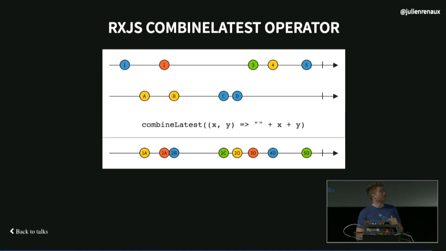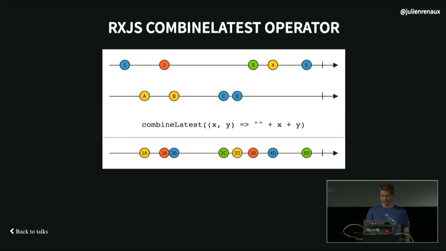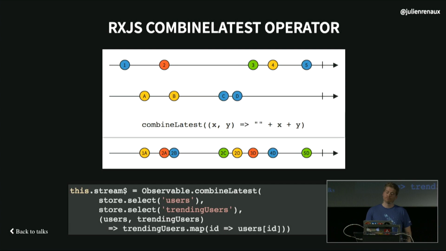When the first one emits 1 and the second one emits A, we receive A1. And then 2, it's going to be 2A, and then 2B, etc. So if we translate this into code, we have the following.